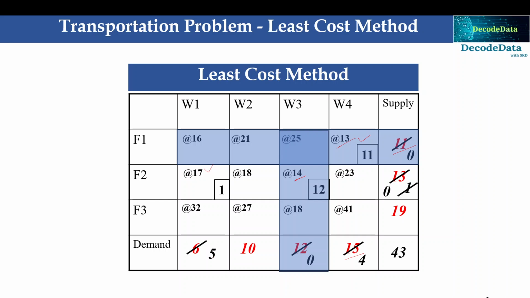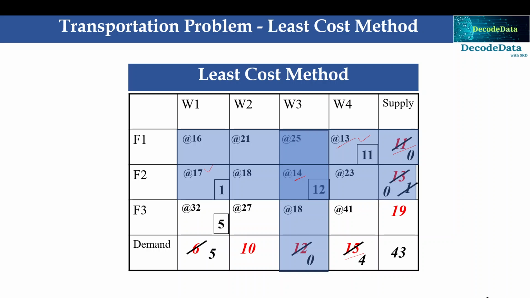And because factory 2 is already over, now we have only factory 3, and warehouses 1, 2 and 3. The demand of warehouse 1 is 5, 2 is 10 and 3 is 14. So the total is 19 and the factory can deliver 19 units. So it's very simple.